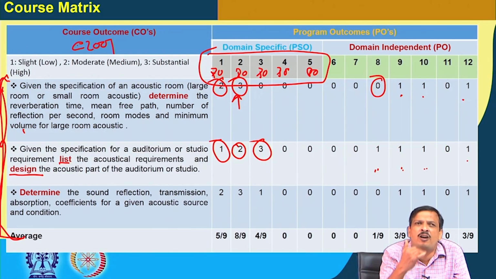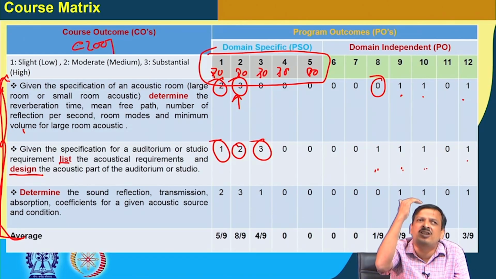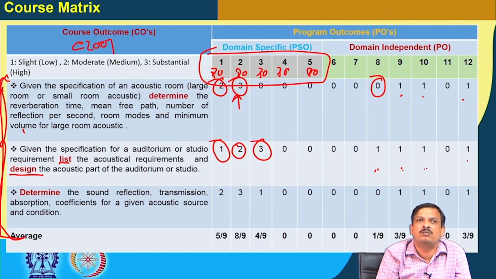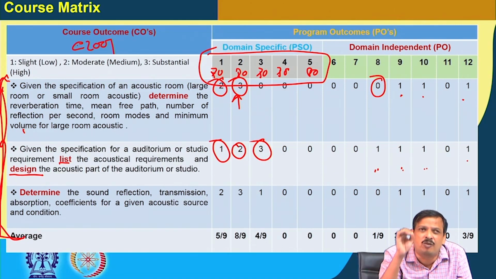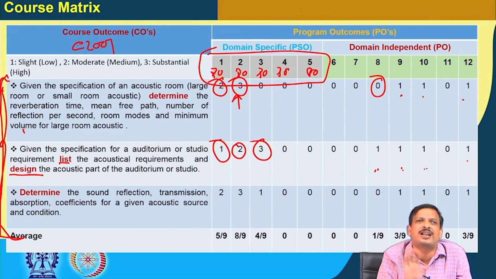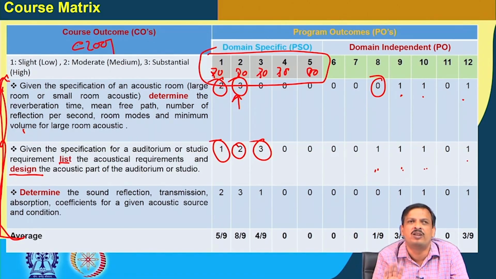So, depending on your mission, depending on your vision, you have written your PSO, domain dependent outcome. Once you write down those things, those decide which course is required. It is not decided by the expert, it is not decided by somebody saying this is not required. It has to be justified.